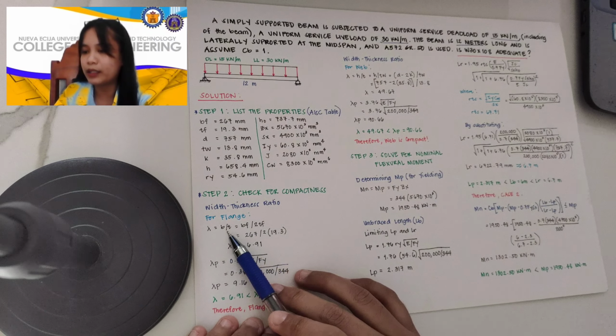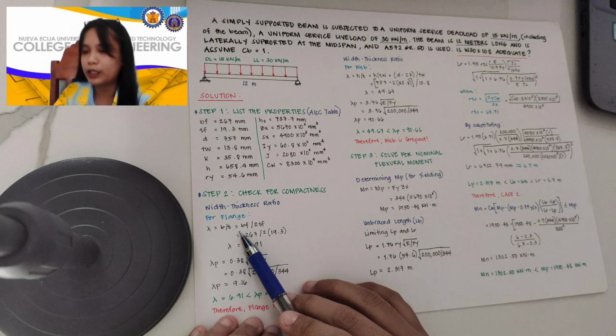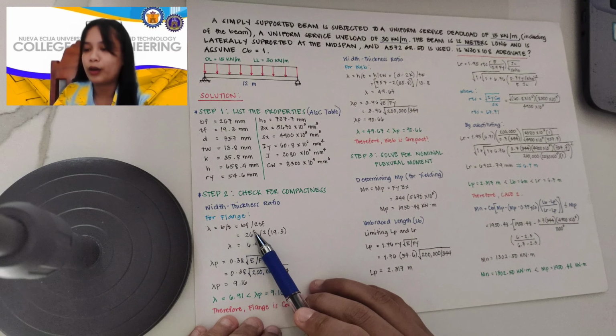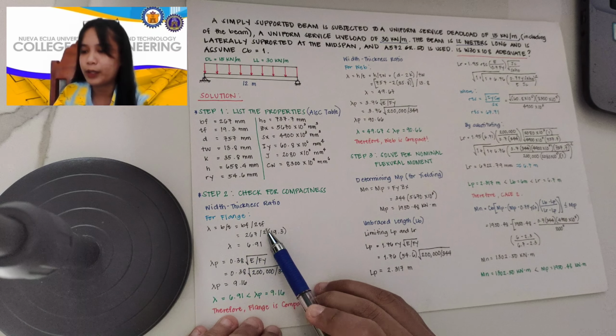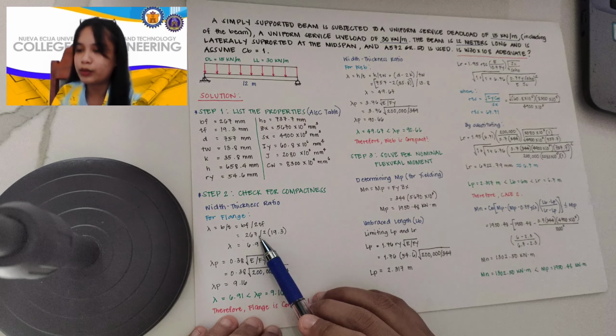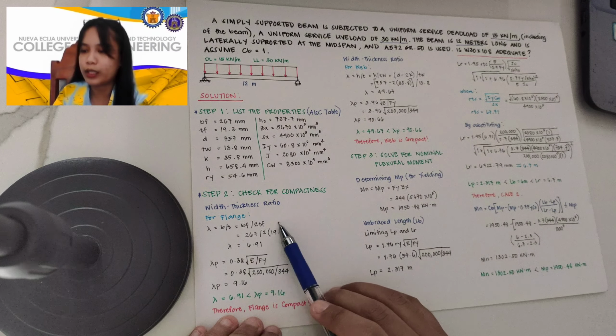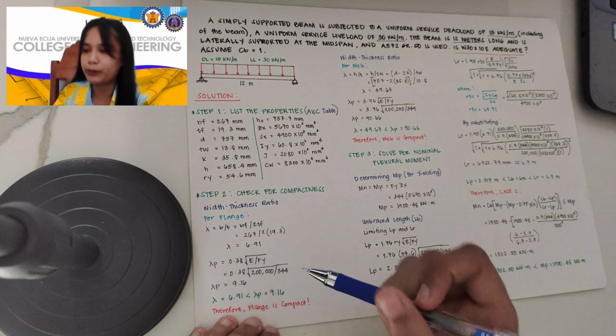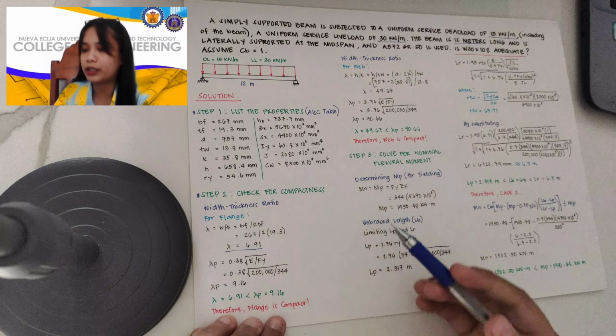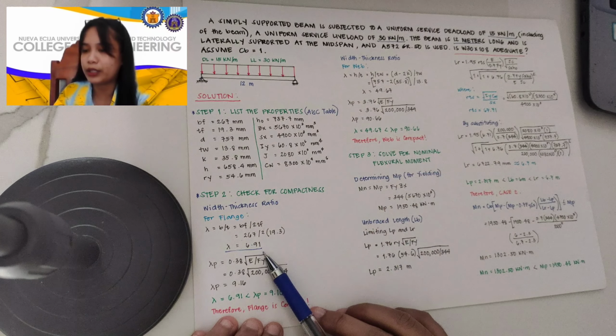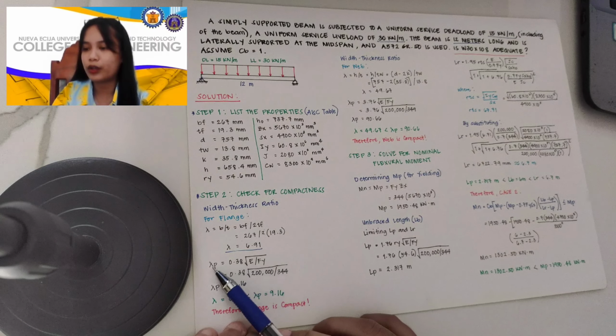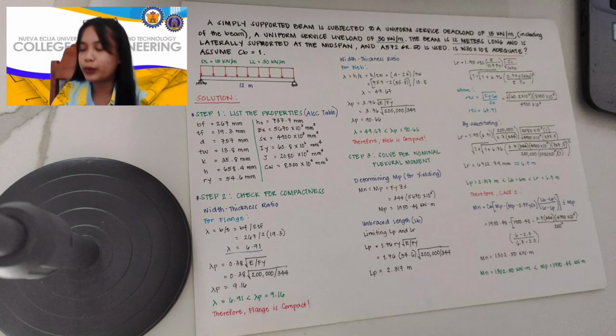So we have lambda is equal to B over T or BF over 2TF, which is 267 over 2 times 19.3. We will be having the lambda of 6.91.